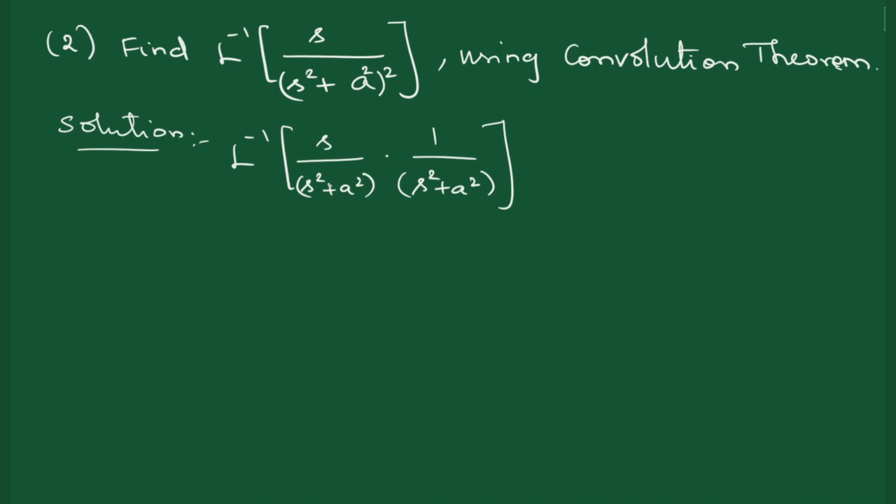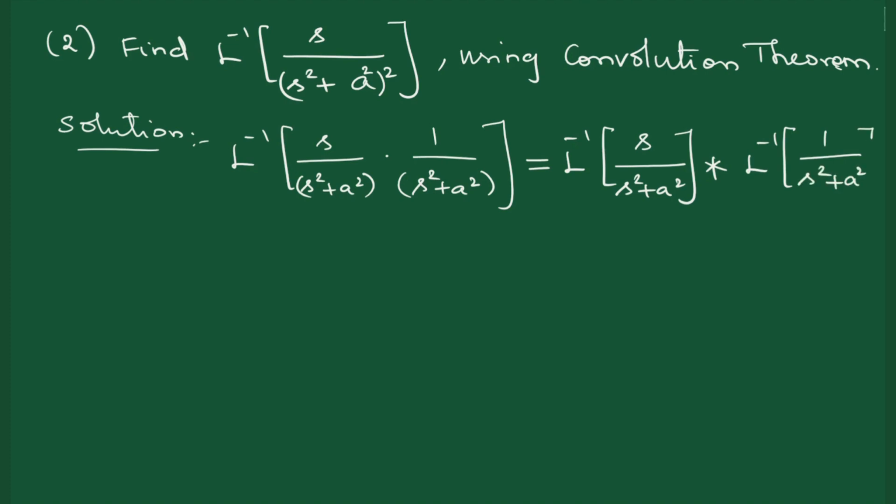Now this is considered as f of s and this is considered as g of s, which is equal to L inverse of s by s square plus a square star L inverse of 1 by s square plus a square.